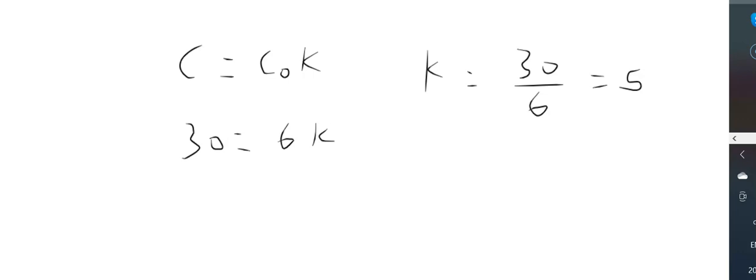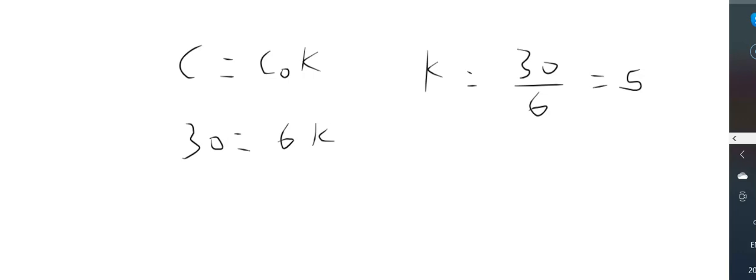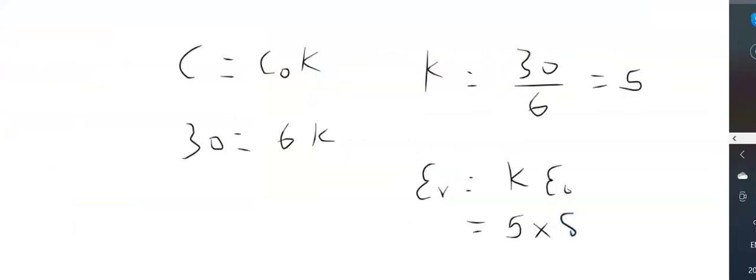Now he is asking you to find the permittivity of the medium. That is epsilon r being asked. So epsilon r is nothing but K times epsilon 0, which is 5 into 8.85 into 10 to the power of minus 12.